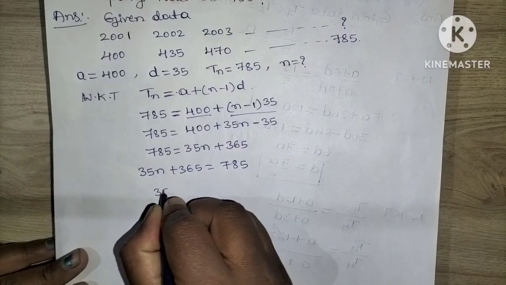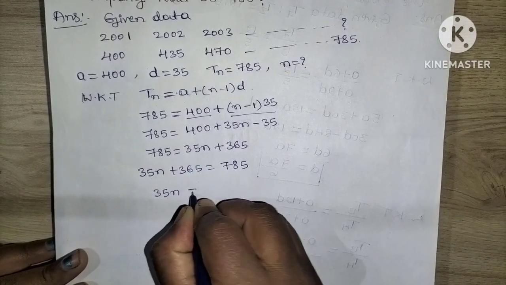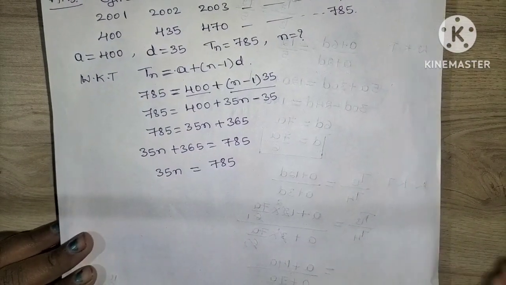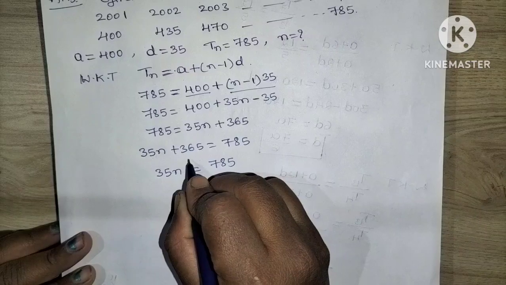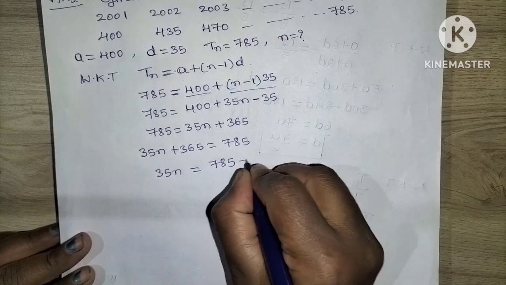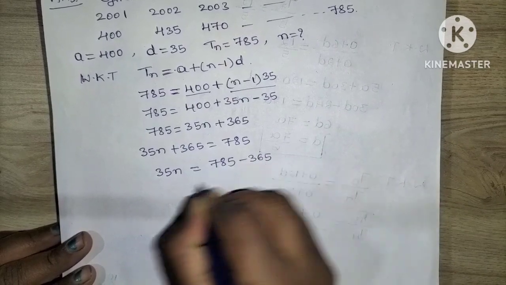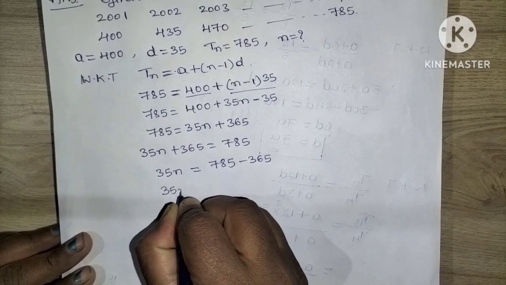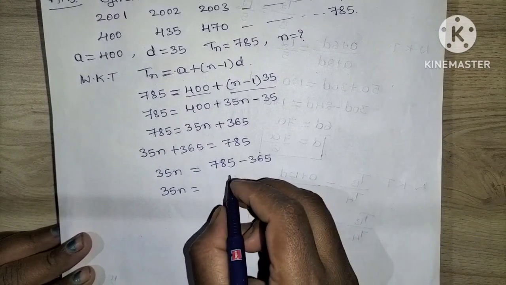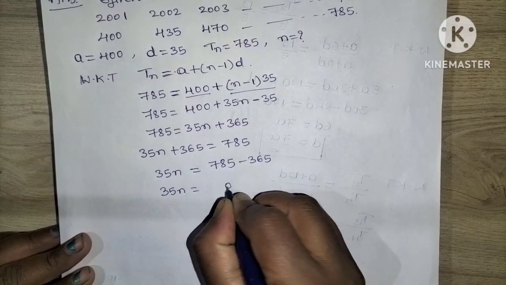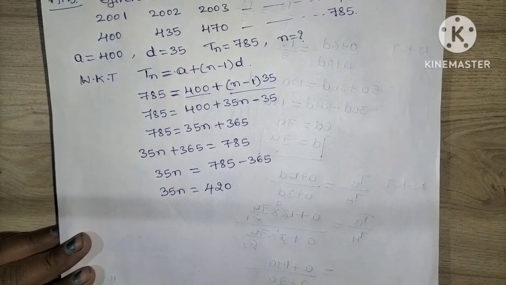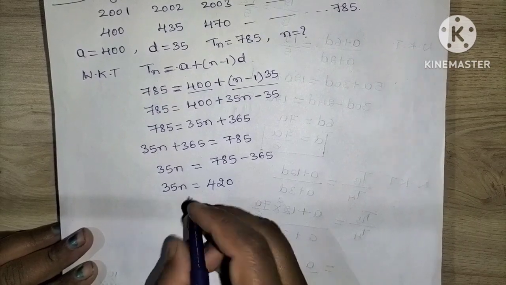So 35n plus 365 is equal to 785. Now 35n is equal to 785, and if we send plus 365 from LHS to RHS, it becomes minus 365. So 35n is equal to 785 minus 365. 5 minus 5 is 0, 8 minus 6 is 2, 7 minus 3 is 4. It becomes 420.